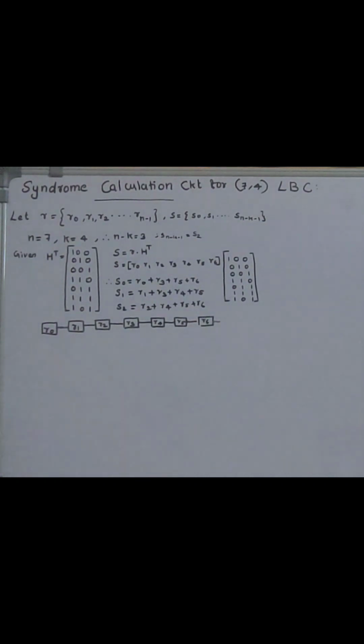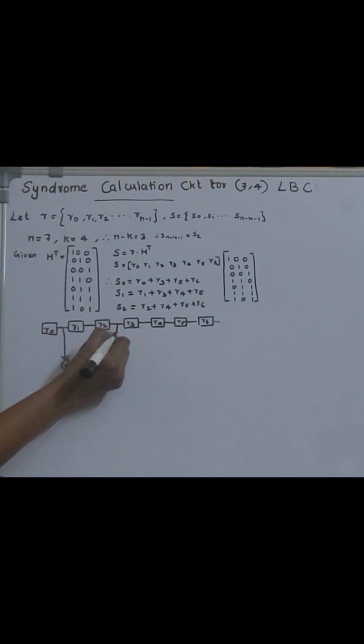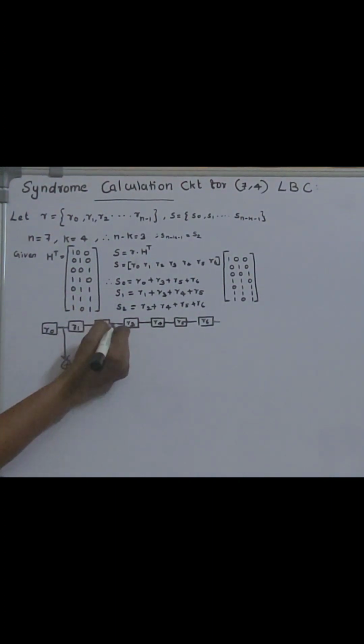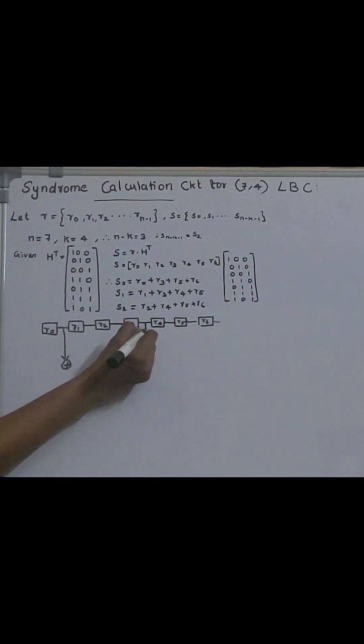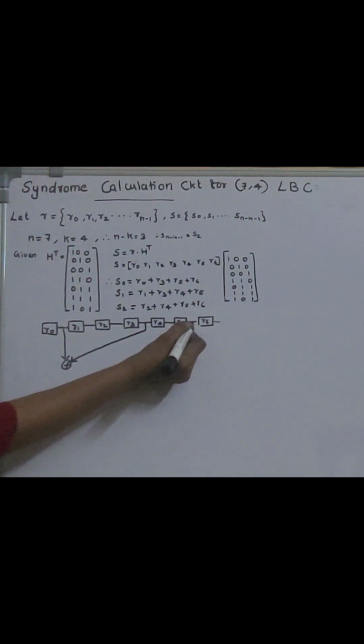Now, by taking the values, we get the syndrome S0 by taking the modulo-2 addition of R0 plus R3, then R5.